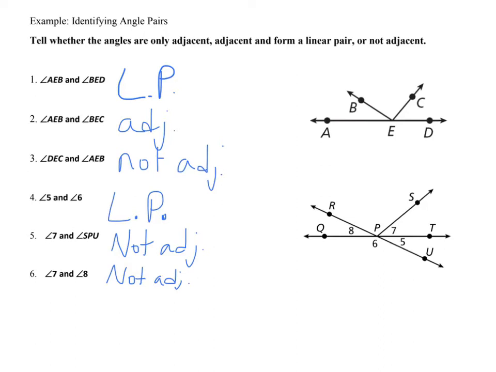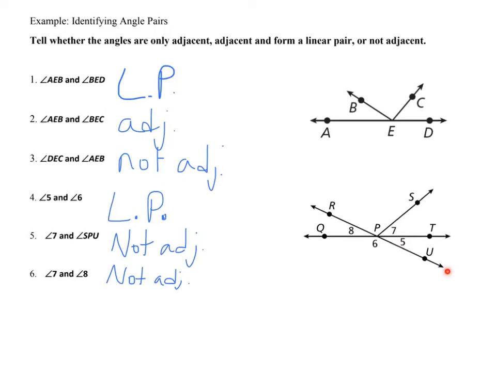Let's go over them. So angle 5 and 6, so that's going to be this angle, 5, and this angle, 6. They share ray PU, and their other rays create a straight line, so that is going to be a linear pair. Now the next one's a little tricky, angle 7 and SPU. So we have angle 7, which is this angle, and angle SPU.